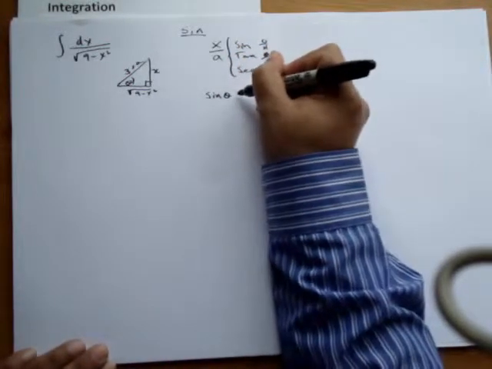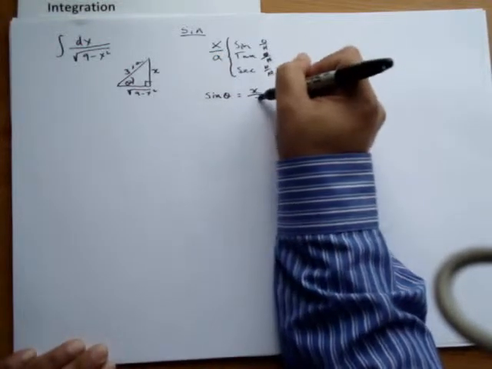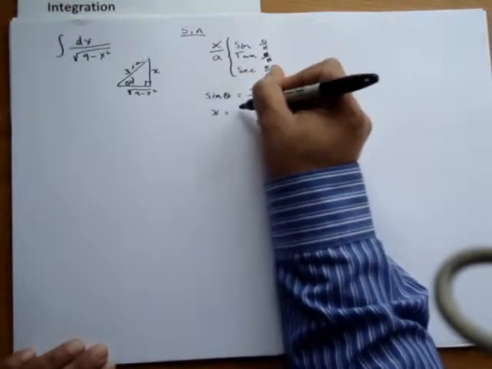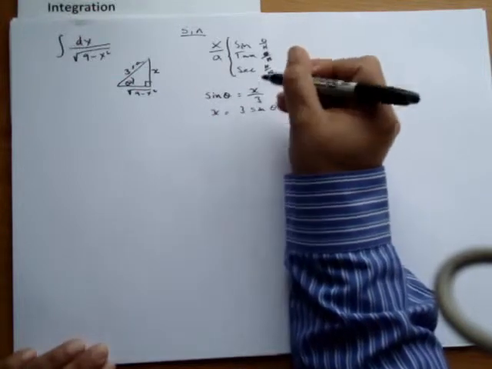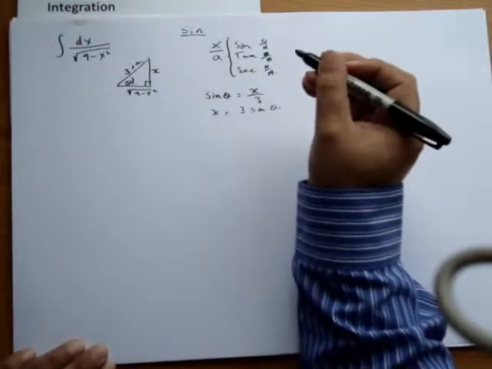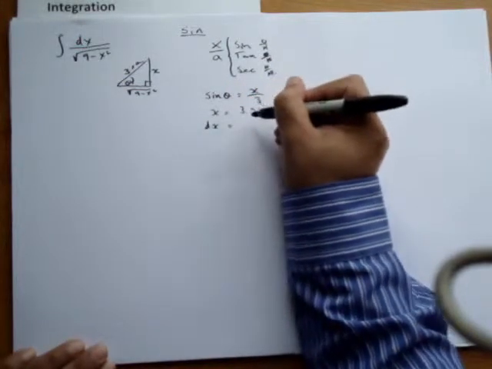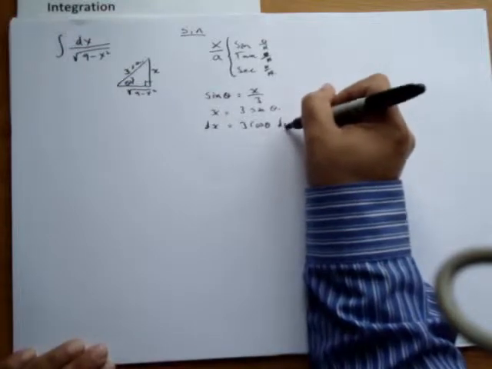Right, now that we've got that sorted, let's write out that we're using the sine value. Sine theta equals x over 3, so x equals 3 sine theta. Now dx is 3 cos theta d theta.